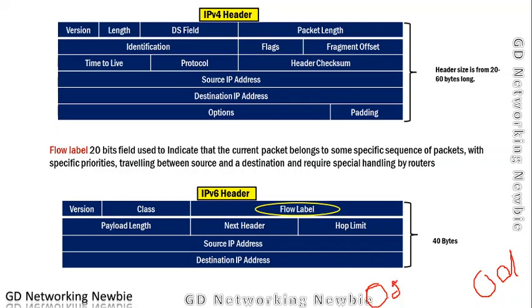Some of the packets traveling from source to destination should be given special priority or special importance. With this flow label, we can control that from source to destination. We ask the routers between the source and destination to please treat those packets in a special way. So that is the flow label in general.